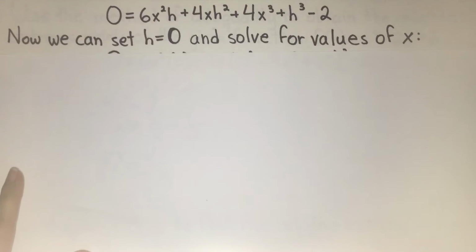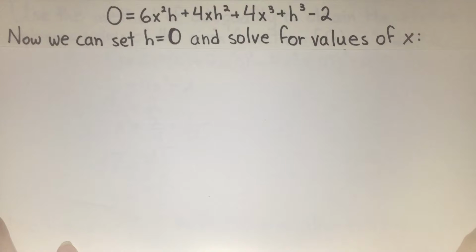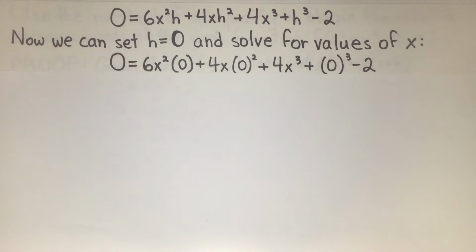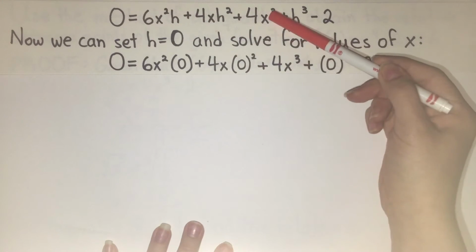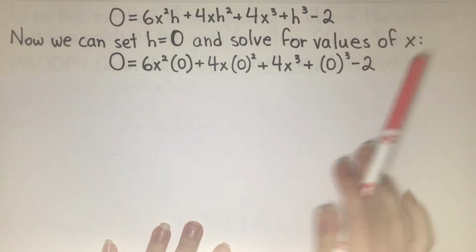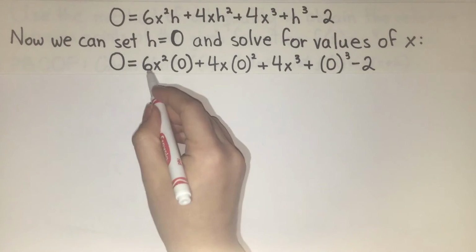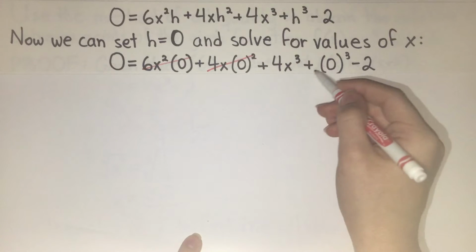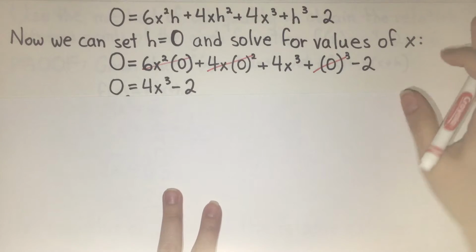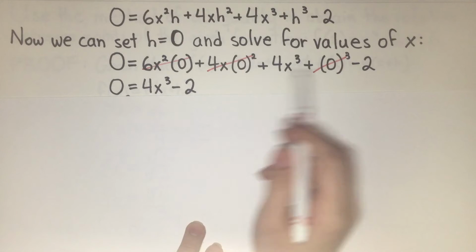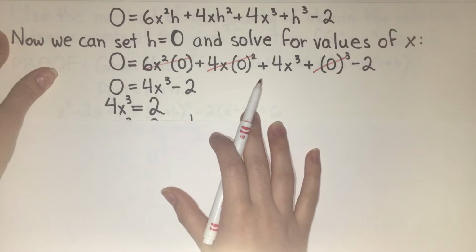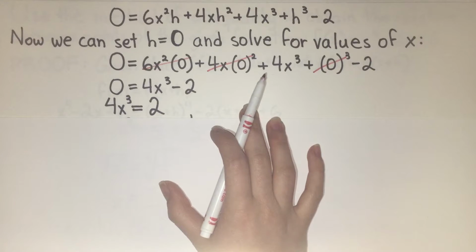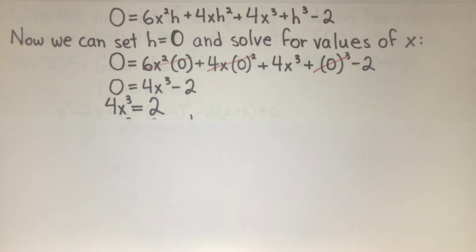Okay, so now we can set h equal to 0, so we can solve for values of x. We set h equal to 0 here and here, so those cancel out, and we're left with just 4x cubed minus 2, which if we rewrite it, we have 4x cubed is equal to 2.